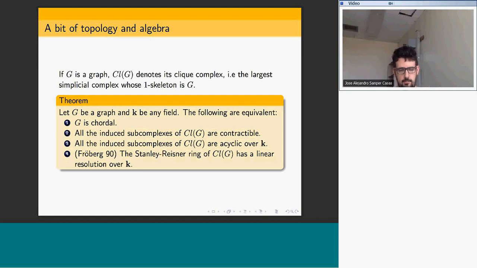There's the following very nice characterization. G is chordal if and only if, fix any field, for the clique complex of G, all the induced subcomplexes are contractible spaces, or all these subcomplexes of the clique complex of G are acyclic over K.